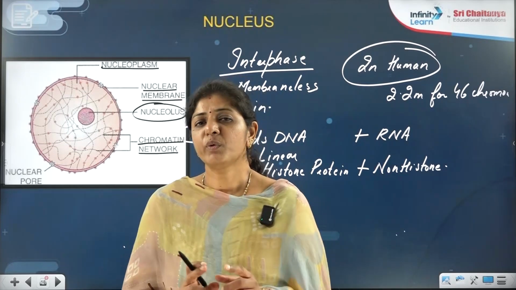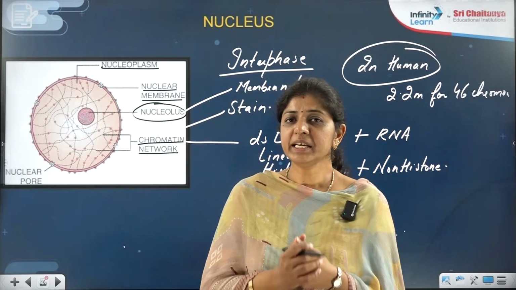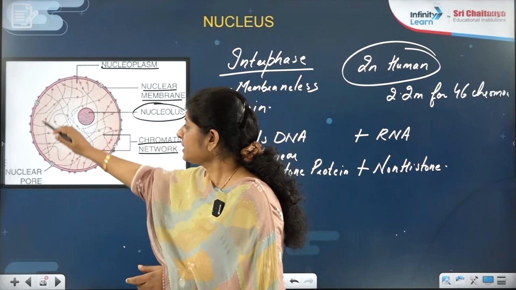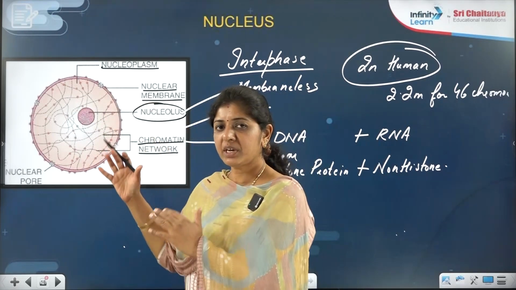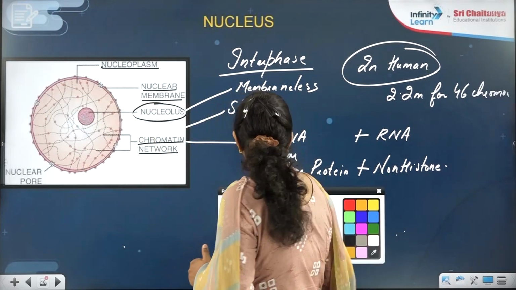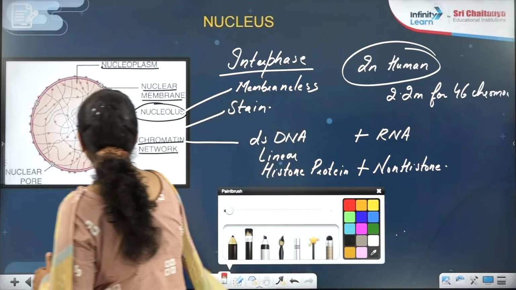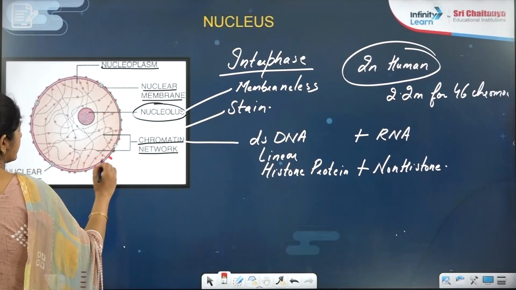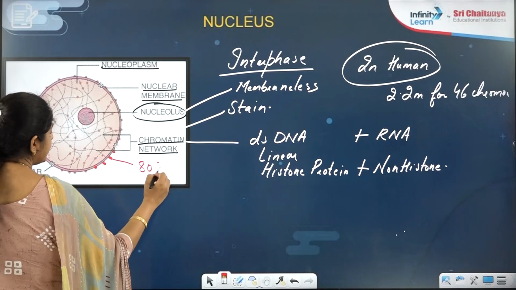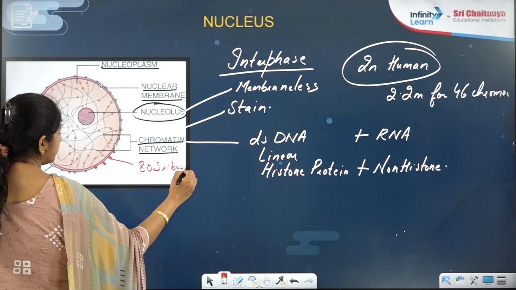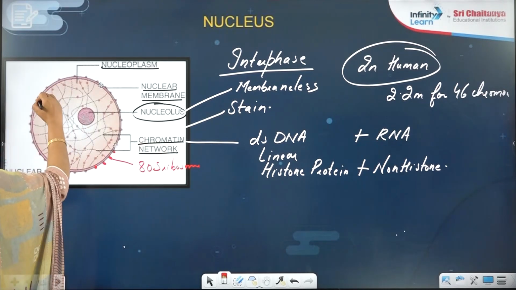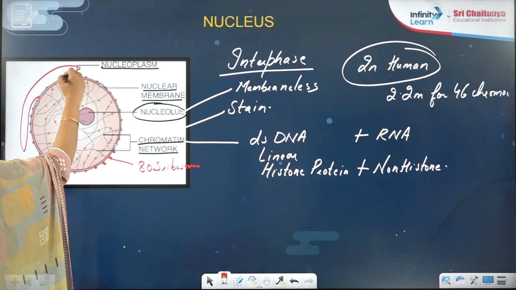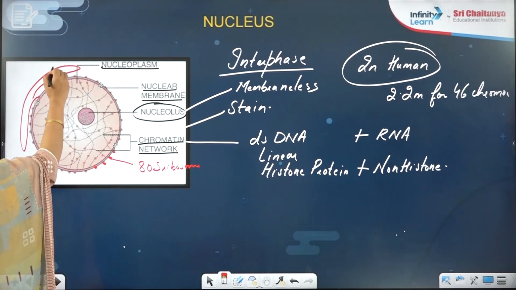And a very important question which is frequently asked in NEET is that the nuclear membrane is a double membrane. That's fine. Outer membrane, inner membrane. But the outer membrane has ribosomes on it. And this outer membrane is continuous with which type of cell organelle?